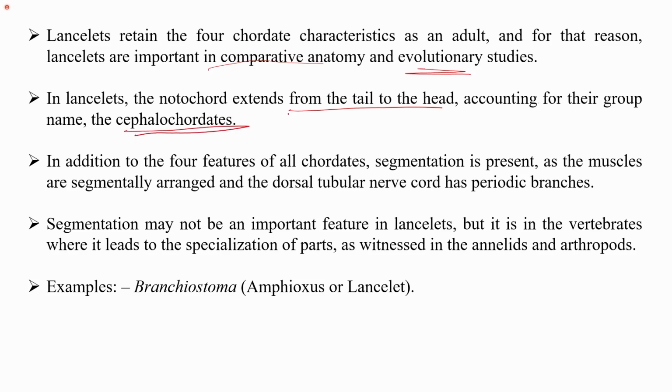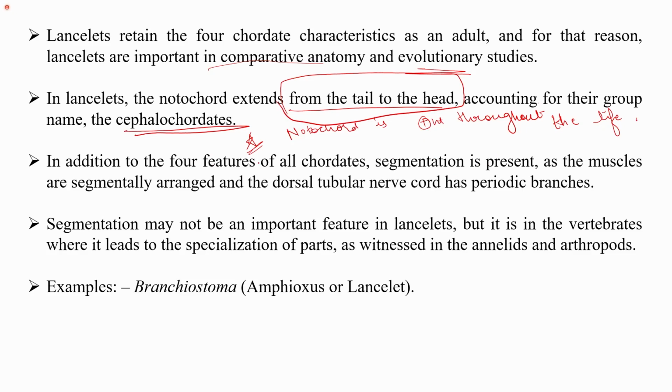And a very important feature is that the notochord is present throughout life. Fine. So the notochord is present throughout life.